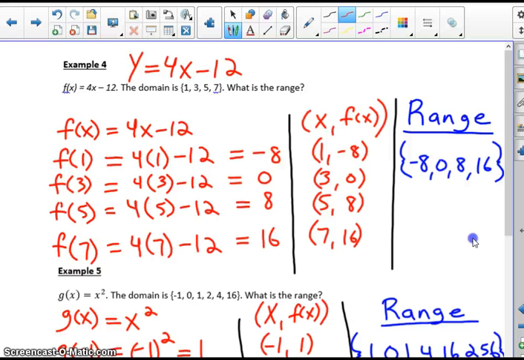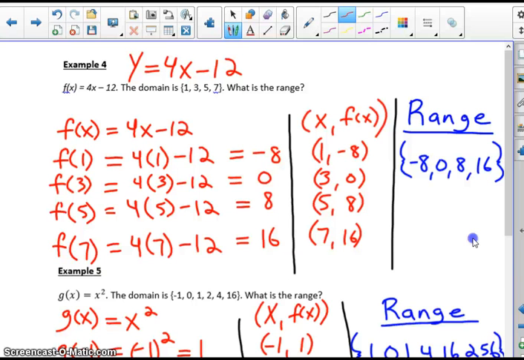If I plug them into my function, 4 times 1 subtract 12, my function f evaluated at 1 is going to equal -8. Instead of saying y is -8, I'm saying f evaluated at 1 is -8. Instead of saying y equals 0 when I plug in 3, I'm saying f of 3 equals 0, because 4 times 3 is 12. 12 take away 12 equals 0.